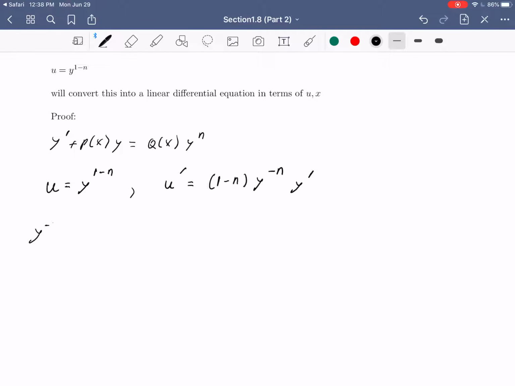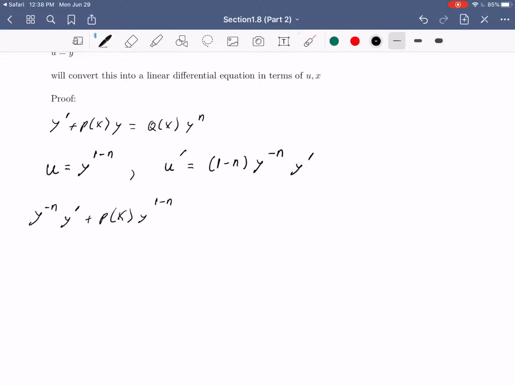If we do that, we'd get y to the negative n, y prime, plus p of x, and since this is a y to the 1, dividing by the y to the n is going to give us y to the 1 minus n, equals q of x. And just to make sure we're clear, that's not a y to the 1, it's y prime.